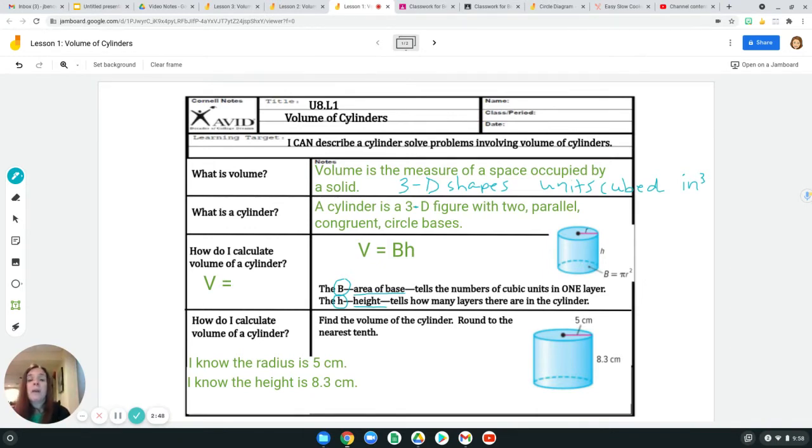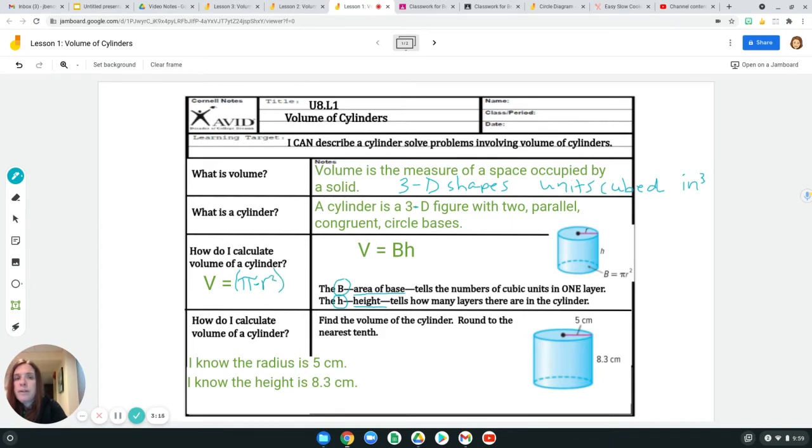Now, that big B will change for each 3D shape that we do. So for a cylinder, because the base of a cylinder is a circle, we replace the big B with how we find area of a circle, which is pi times radius squared.